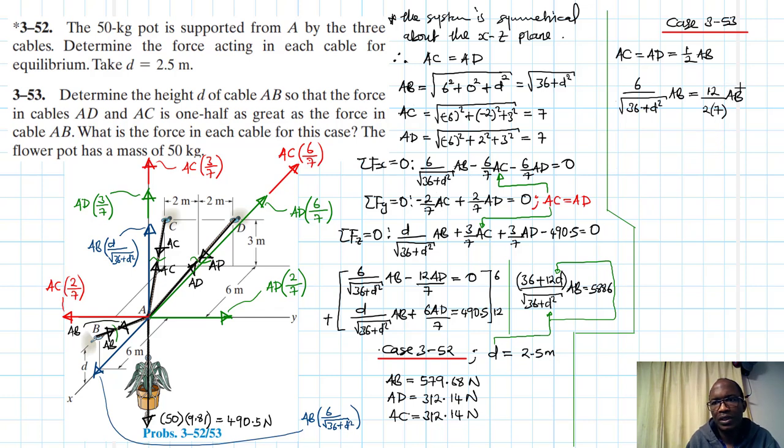Okay, so this and this we can cancel out, and then we have just a 6, we have a 12 root of 36 plus d squared by a 6 by 14. Then we square both sides.